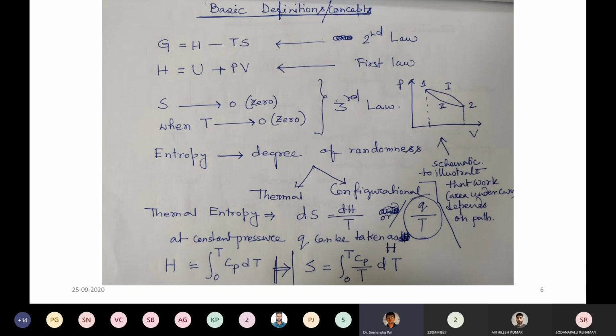So first start with a very important definition: the free energy G equals H minus T multiplied by S. G is the Gibbs free energy, H is enthalpy, T is temperature on the absolute scale, and S is the entropy of the system. Now, if we see this, it is actually representing the second law.